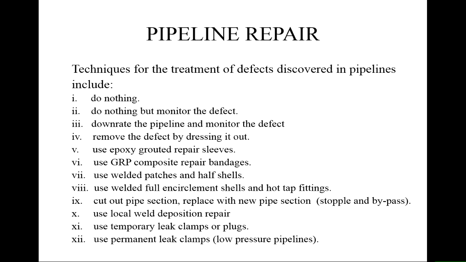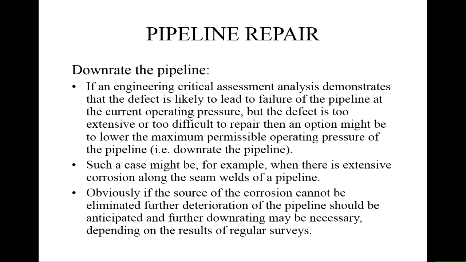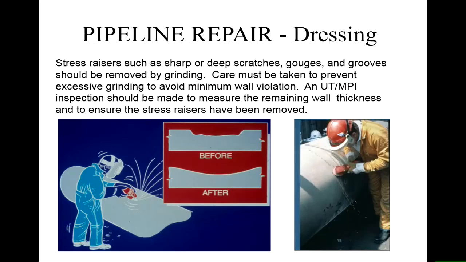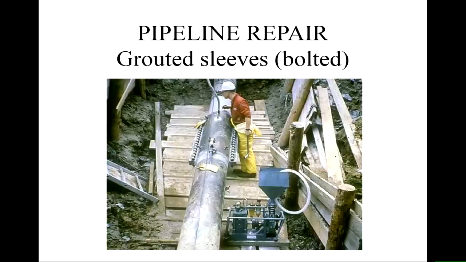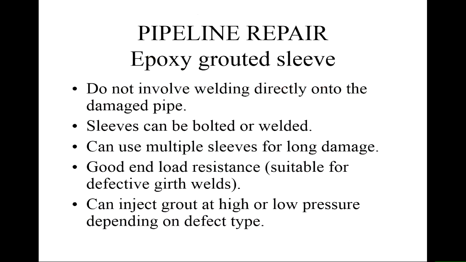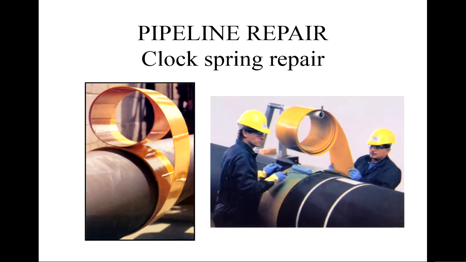Use glass fiber reinforced composites as repair bandages, and I'm just presenting them briefly now because Professor Bull will go into detail with you. Where are they? This one, for instance, the clock spring repairs.